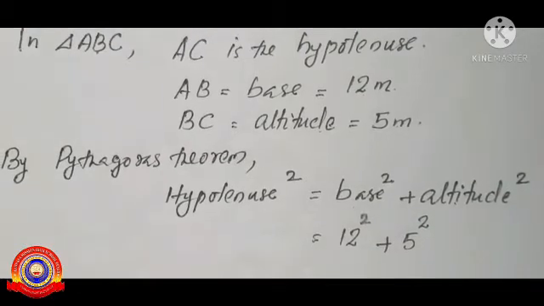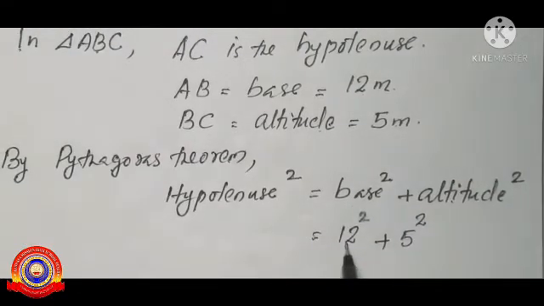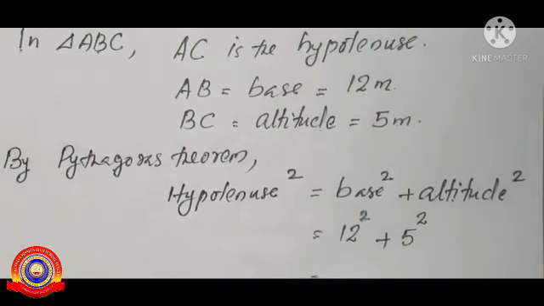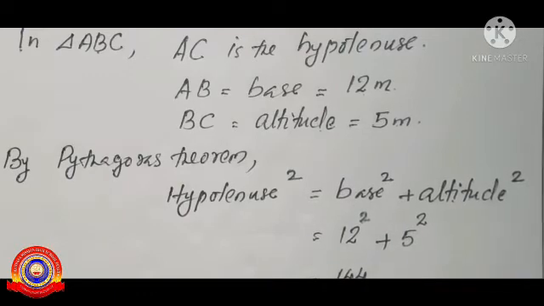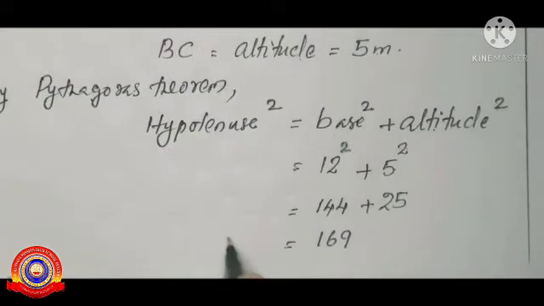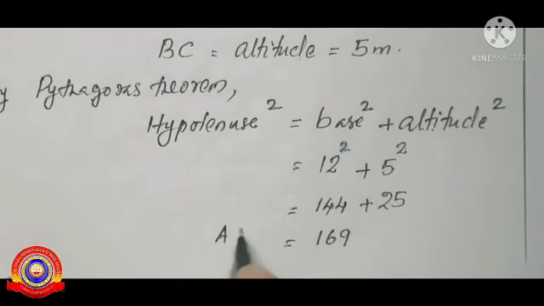Which is equal to 12 square is 144 plus 5 square is 25. So it becomes 144 plus 25, which is equal to 169. So hypotenuse square is equal to 169. That is AC square is equal to 169.